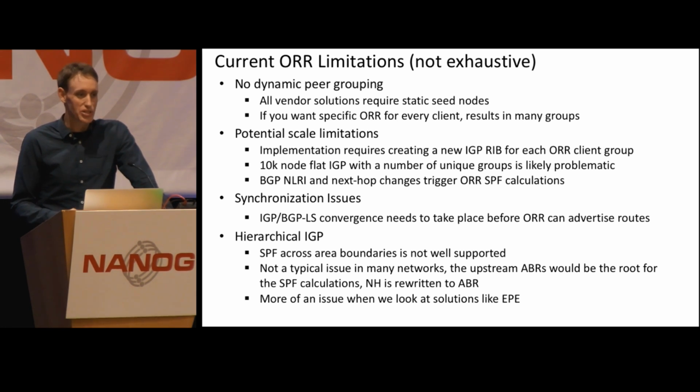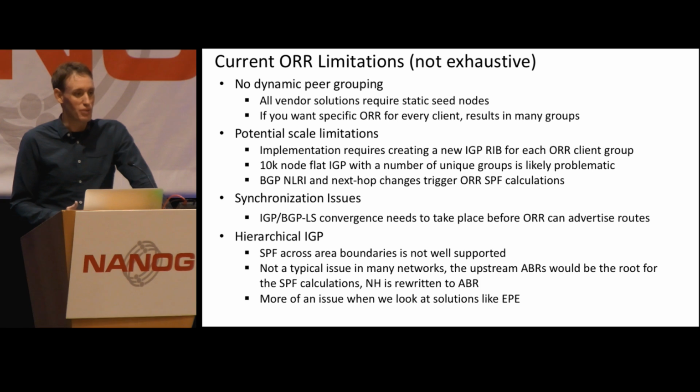Potential synchronization issues: you're not right next to the IGP you're serving. BGP-LS is pretty fast, so I consider this a minor issue. Another issue I ran into in my testing: if you want some good information on hierarchical IGP issues, the original ORR draft actually has a fairly large section that covers this.